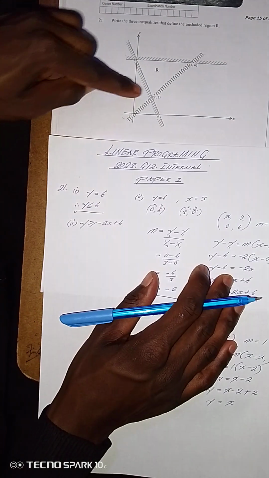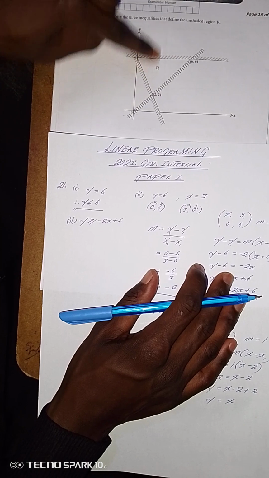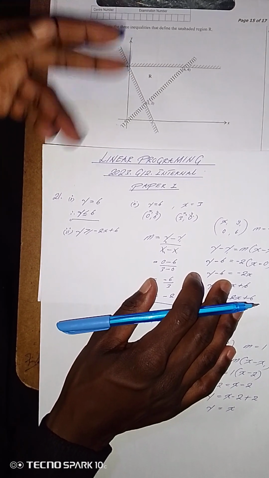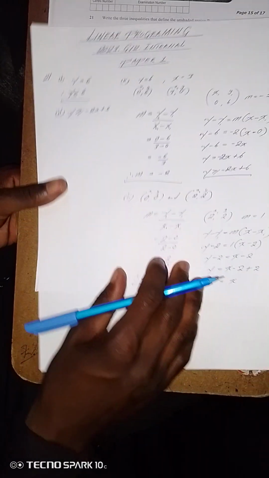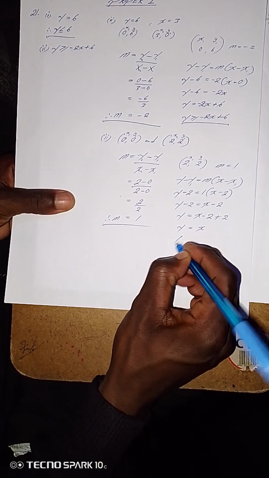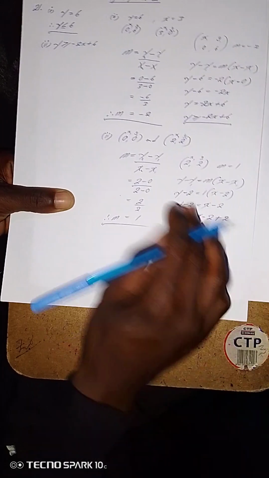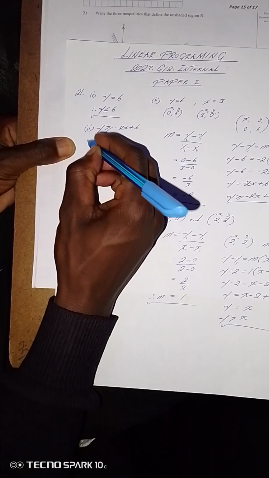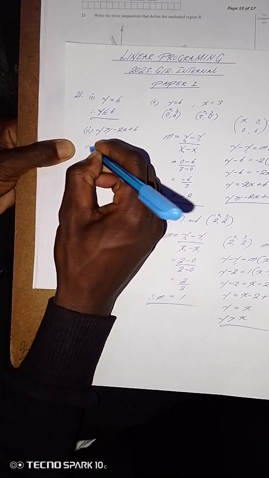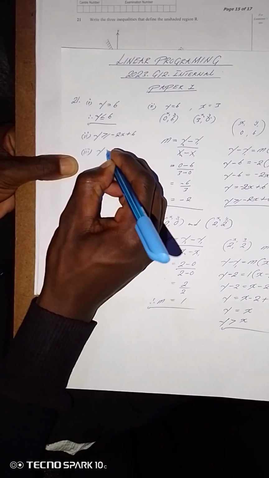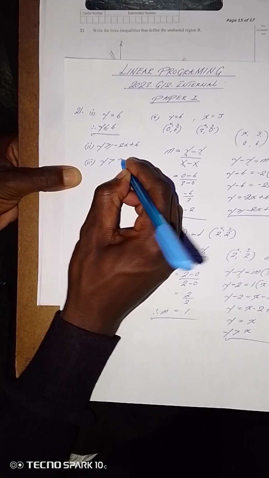So what is not shaded is the greater one. So we're going to say y is greater than x. So we'll put this one here as inequality number 3.